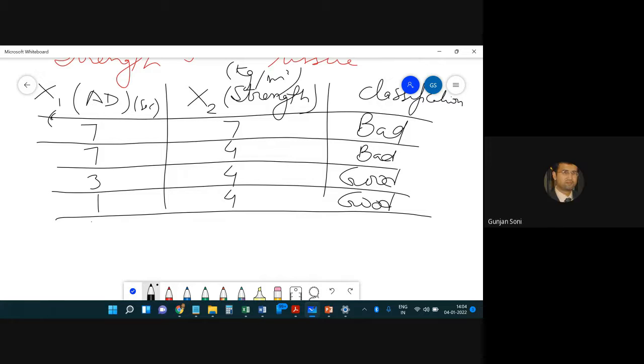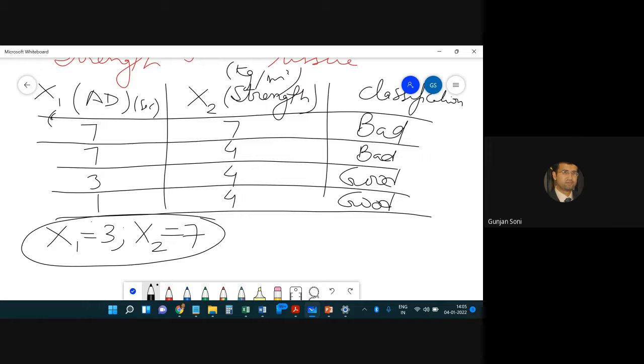But we need to give some data to it to classify, right? Yes, sir. So the data which we are going to give it to classify is x1 is 3 and x2 is 7. Now I want to know whether x1 equal to 3 and x2 equal to 7 falls in the classification of good or bad. So for this, we are going to apply the KNN. Very simple.